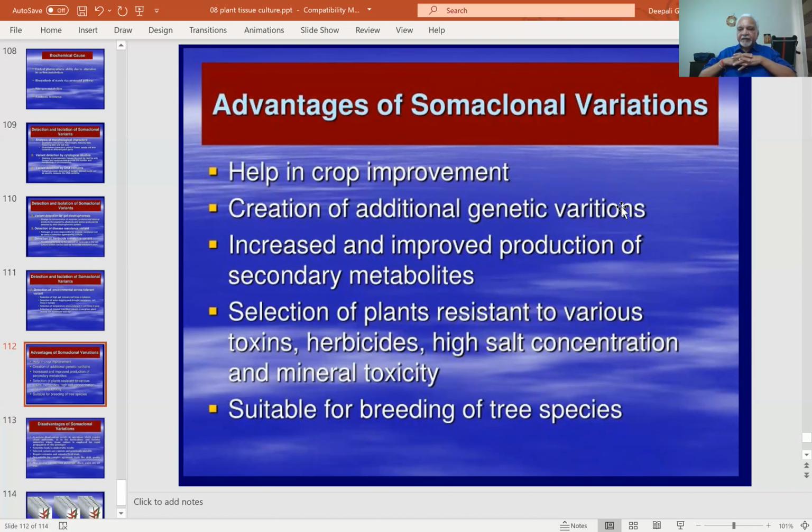And these are the advantages, as I mentioned, of somaclonal variations, that it is directly expected to help in crop improvement. You regenerate plants in vitro in large numbers, and then select those populations for different variants. And if it happens to be the one you are looking for in terms of disease resistance, abiotic stress resistance, photosynthetic ability or whatever, then you are done.